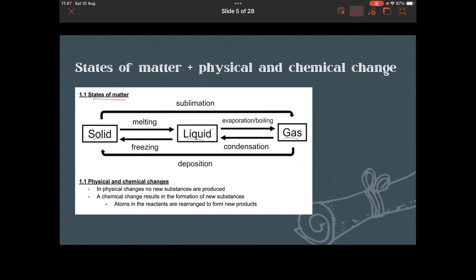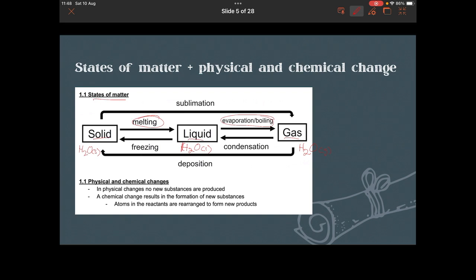So if we take the example of water, or H2O, H2O as a solid would be ice. And to convert a solid into a liquid, we undergo melting to get water as a liquid. And then from a liquid to a gas, we do evaporation to get, if we're going with this example, water as a gas, which is steam.